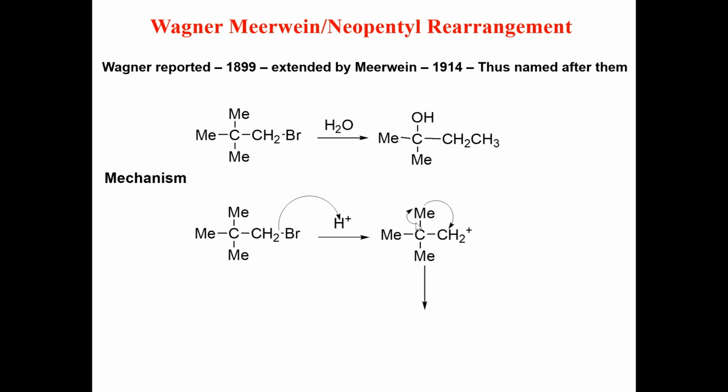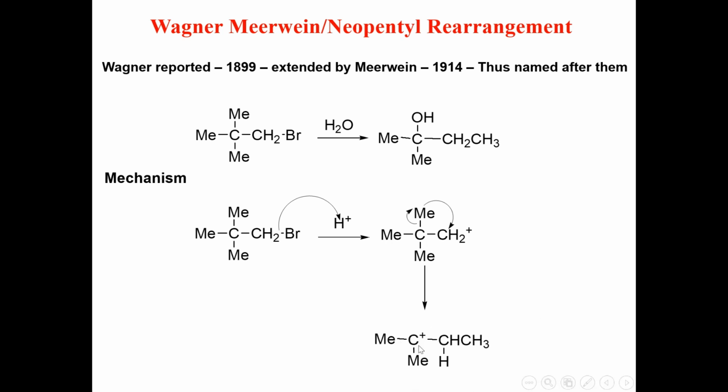Once it moves, we get a new carbocation where the alkyl group has shifted. Here a 1,2-alkyl shift has occurred to give a new carbocation. This carbocation is attached to 3 carbons and it's a tertiary carbocation. We know that a tertiary carbocation is more stable than the primary carbocation, and hence this is the driving force for the 1,2-alkyl shift.